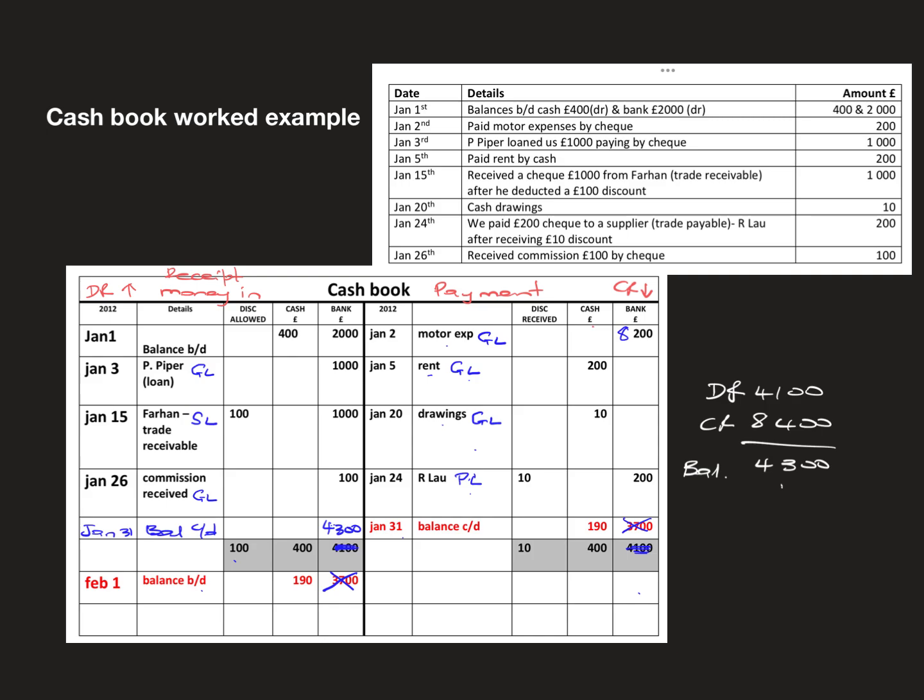Why? Because it's possible that we had a bank overdraft facility in place that would allow the business to spend more than they have in the bank. And so therefore the payment side would be larger than the receipt side, or the money coming in, which would result in a balance C/D on the debit side.